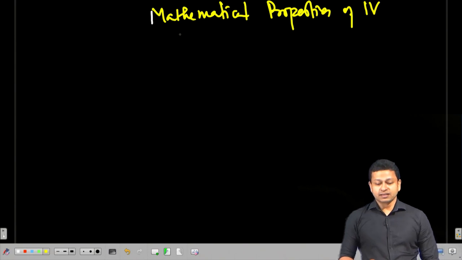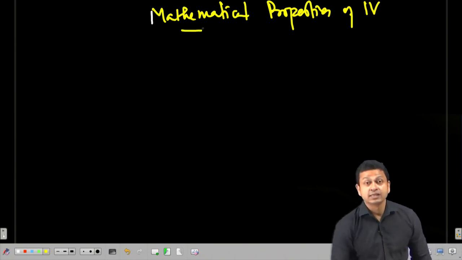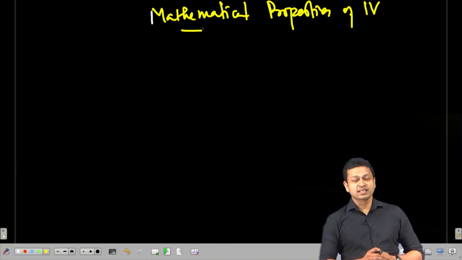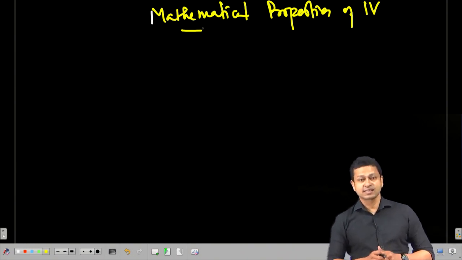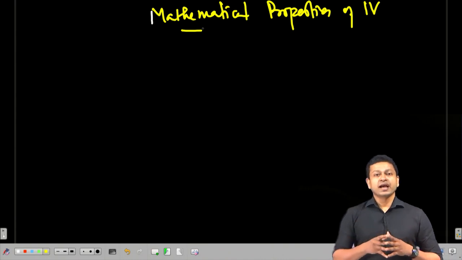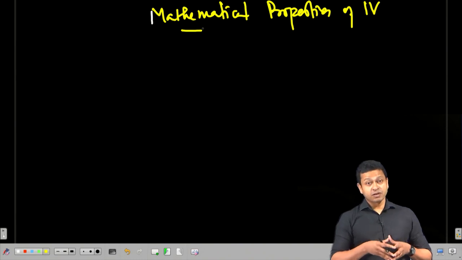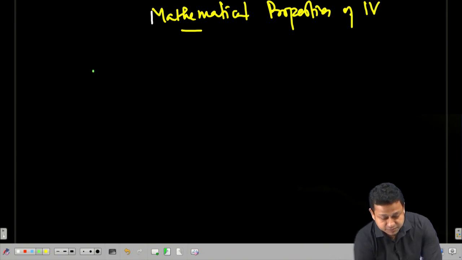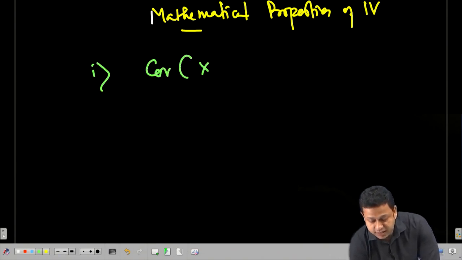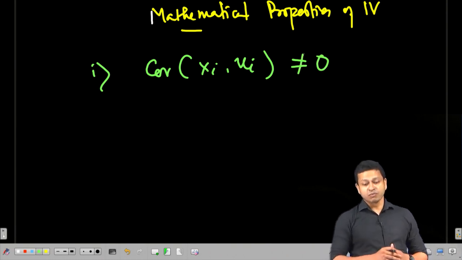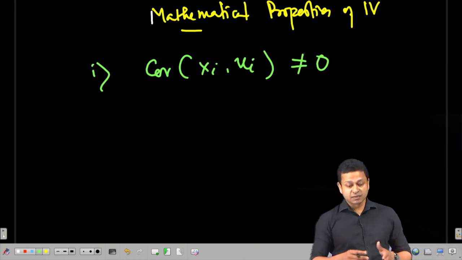Remember, in one of our previous lectures we spoke in detail about the stochastic regressor, and one problem we mentioned is that the xi's could be related with the ui's. That is a big problem, because if my xi and ui are related, or I can write, if the covariance of xi and ui is not equal to 0, then the coefficients that I obtain in my regression model are going to be biased.